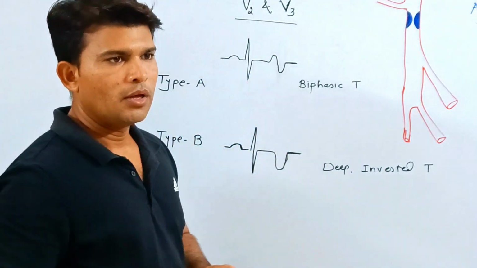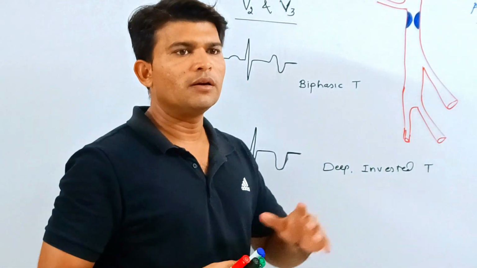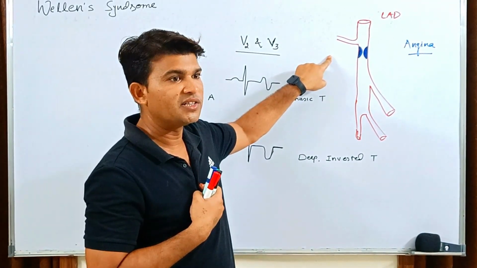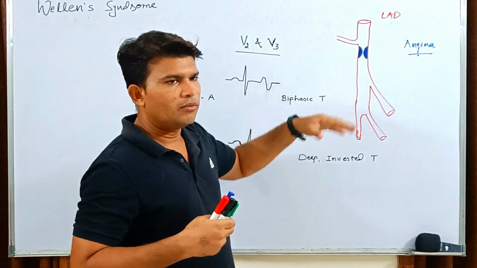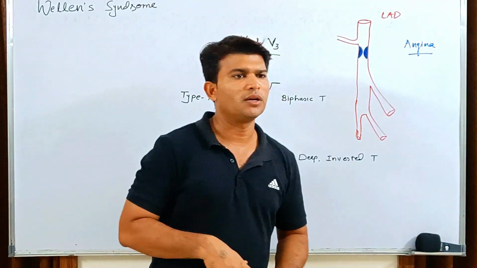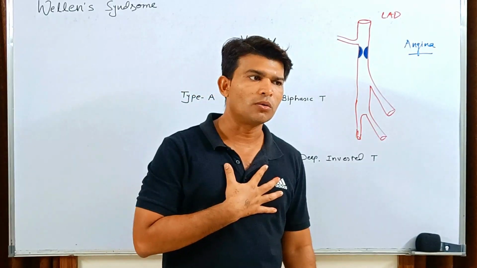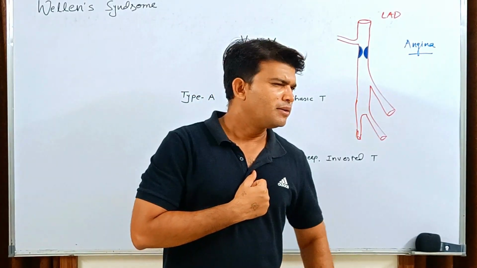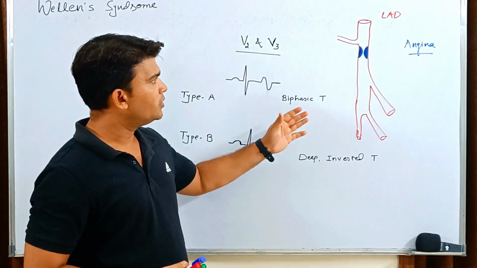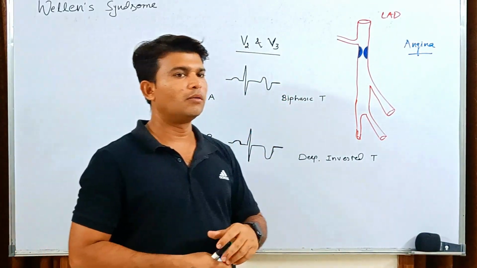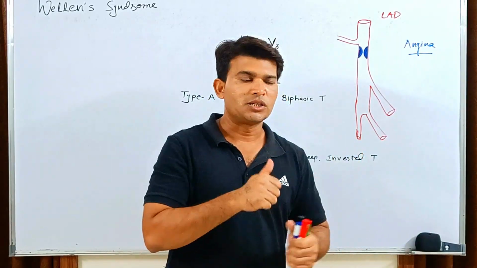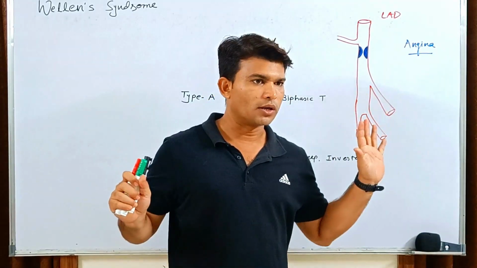So if the patient has a critically occluded left anterior descending artery and has not undergone any investigation, the patient suddenly develops signs and symptoms of chest pain, diaphoresis, and classical signs. Once the patient comes to you, at that time the patient is symptomatically perfectly okay.